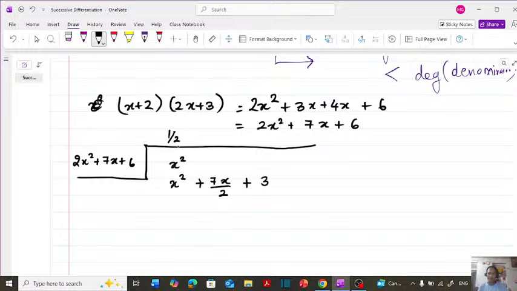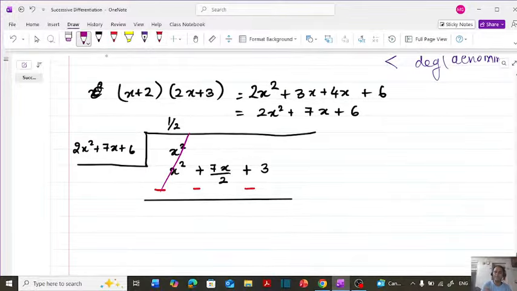Hello. You do the polynomial division and then you change the sign over here. When you change the sign, this gets cancelled. And now you are left with a denominator which is like this. Minus 7x by 2 and minus 3.